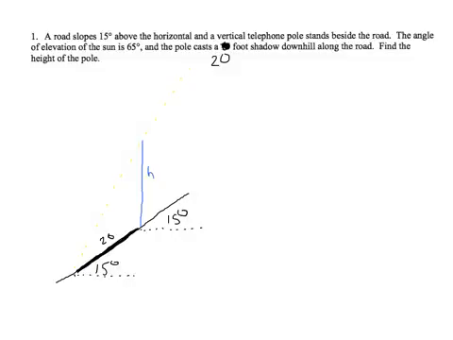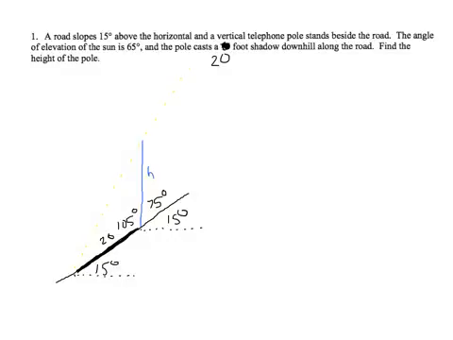So 90 minus 15 gets me 75 degrees. And I also know that these two angles would have to add up to 180. And so putting those together, I know that this inside angle is 105 degrees. So now I have an additional part of the inside of the triangle that's going to help.